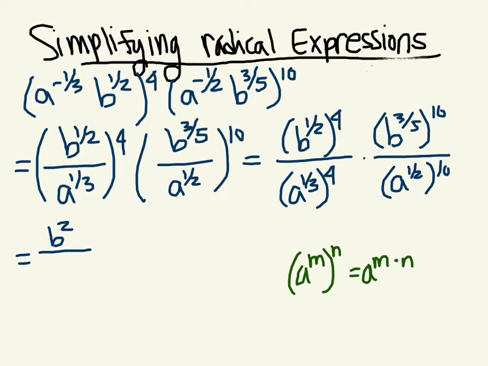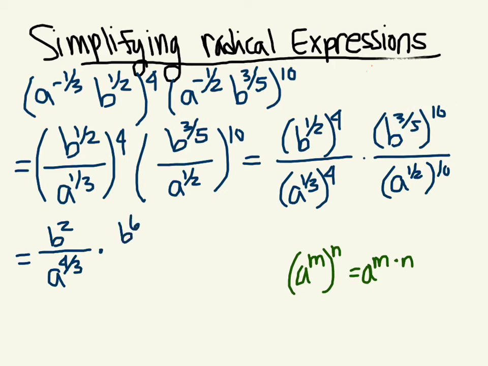And in the denominator, I get a to the 4/3, because 1/3 times 4 is the same thing as 4 over 1, which is 4/3. Now I have the second fraction. What's 3/5 times 10? Well, that's actually 6.